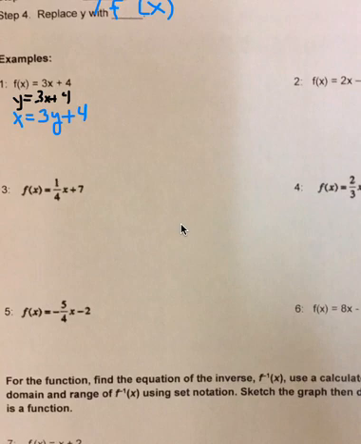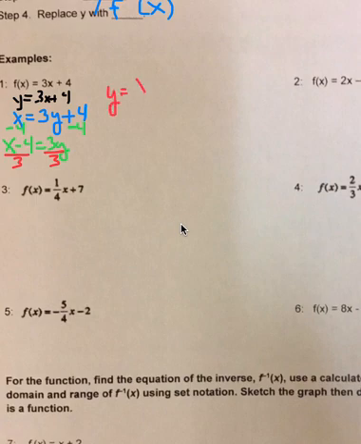We're going to subtract 4, so this becomes x minus 4 is equal to 3y. We're going to divide by 3, so we get y equals x minus 4 over 3.